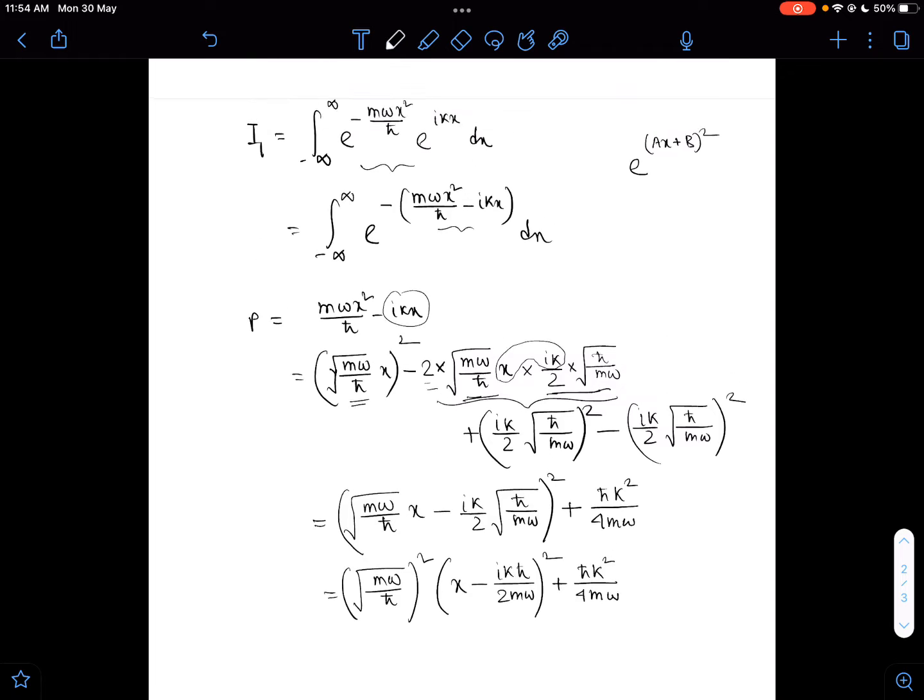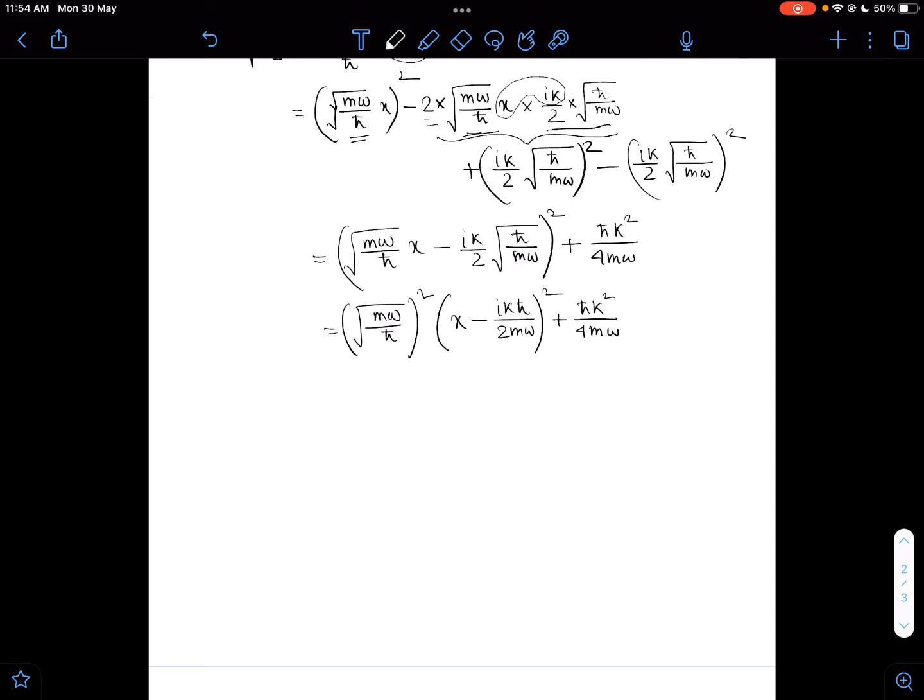So this is our p. Now we can write I1 as the integral from minus infinity to infinity of e to the power minus m omega by h cut times (x minus ik h cut by 2 m omega) squared plus h cut k squared by 4 m omega, dx.